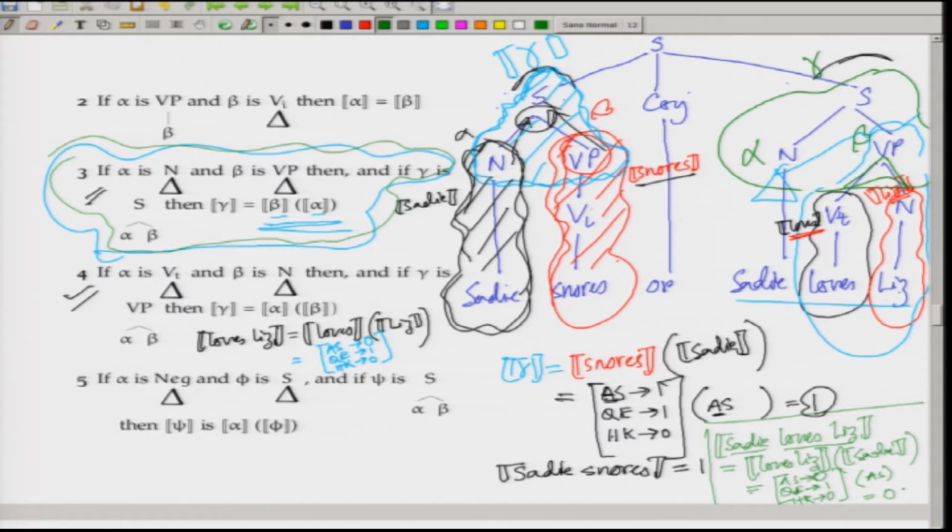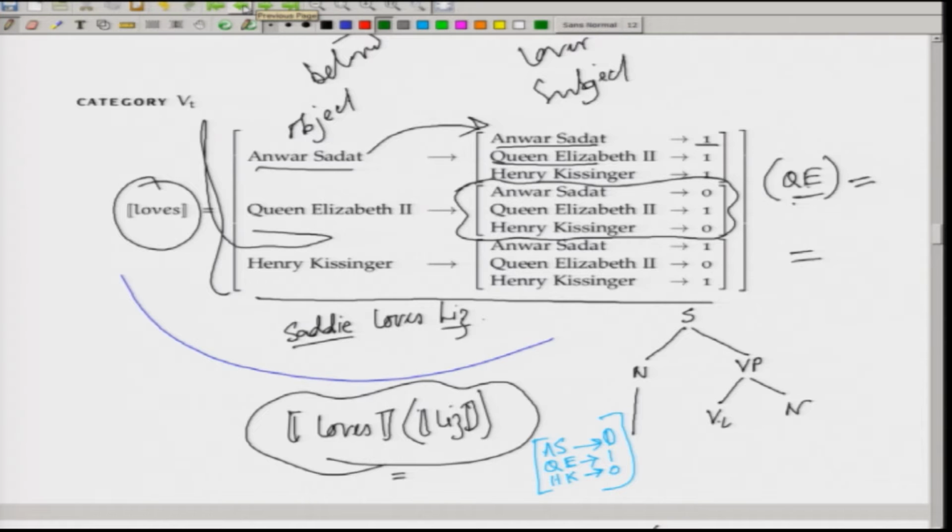We can get back to the structure of loves and verify whether this is true or not. It is here. Now you see it is pretty true. So Liz is Queen Elizabeth, right. So now we can see that this is the object, and for the subject we have to look for Anwar Sadat.